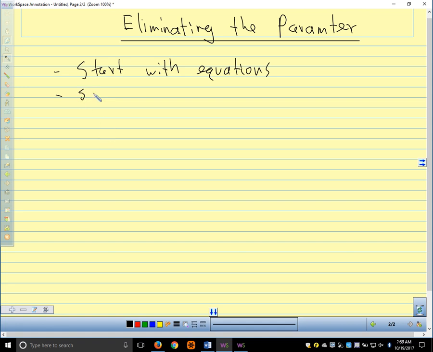We want to solve for the parameter in one equation. Now, this is not what we do every single time. This is more of a rule of thumb. Solve for the parameter in one equation, and then we substitute.